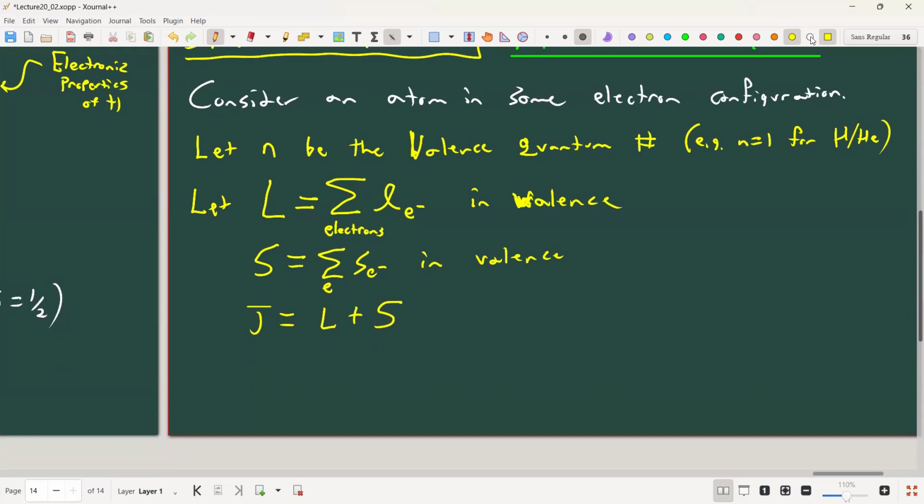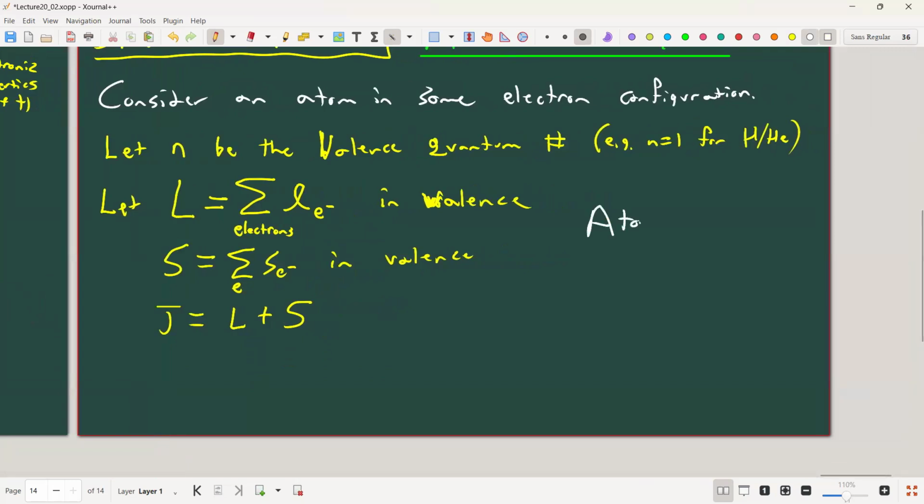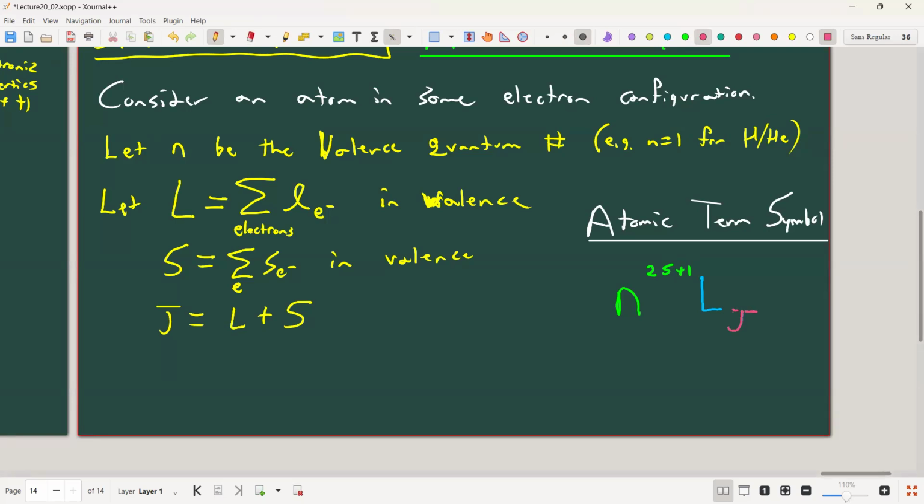We notate a state of this type with what we call an atomic term symbol. It has this notation. First is the number n, specifying the valence. Then we have a superscript, which is 2S plus 1, then L, and subscript J. L here we're going to write slightly differently.